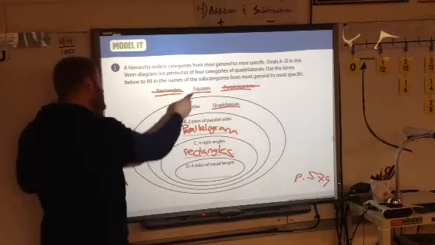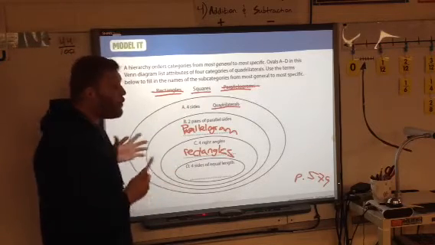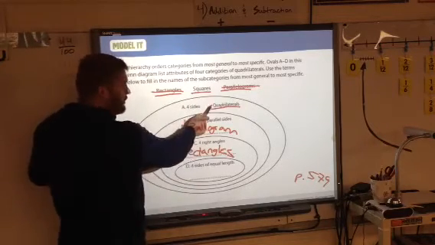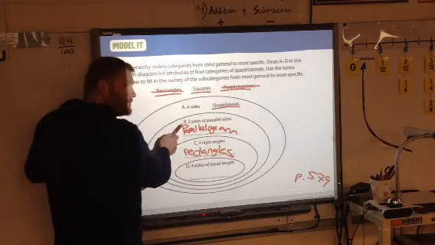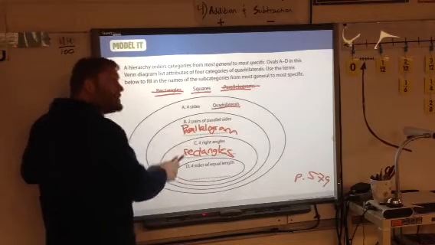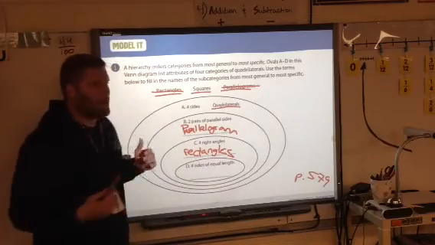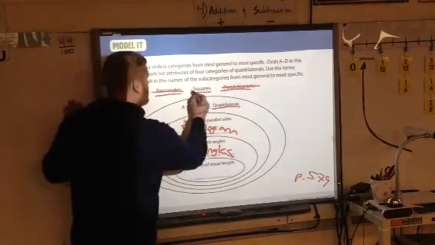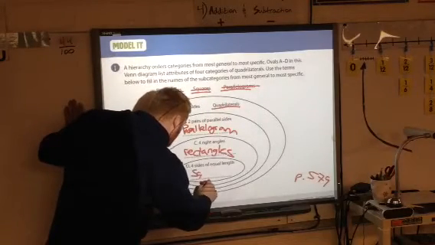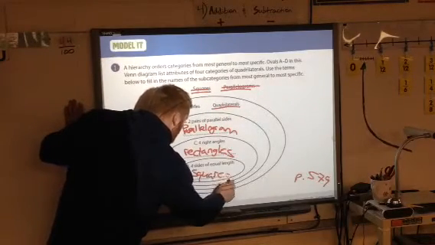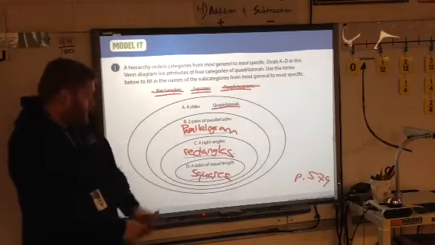Our last one you know is squares, because that's our remaining one. But why? It has four sides, two sets of parallel sides, four right angles, and all four sides are equal length. So that is our square. Which one has the most attributes of the different quadrilaterals? It's squares.